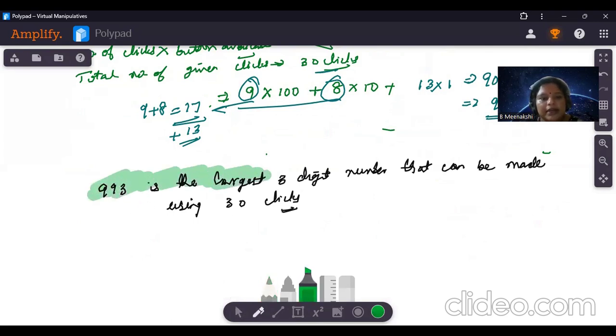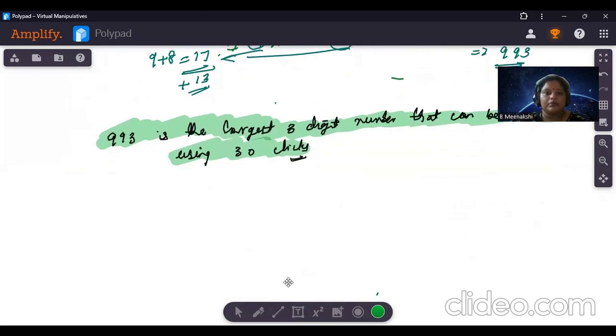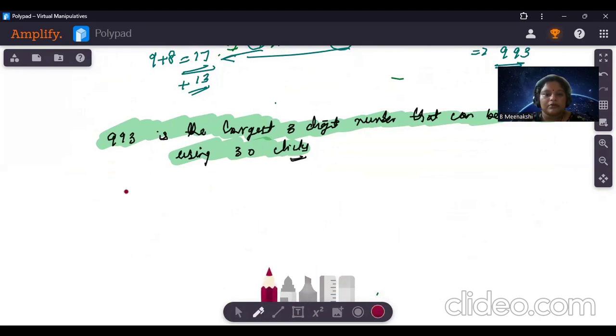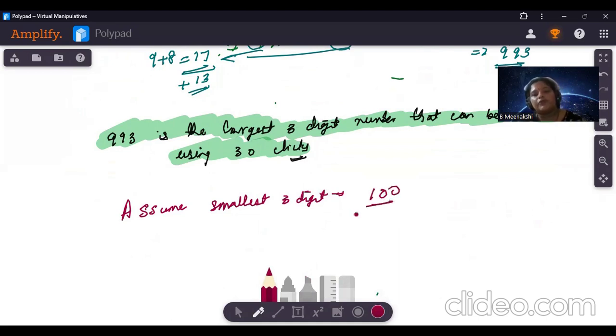So I'm highlighting this. So assume the smallest three-digit number. What is the smallest three-digit number? Yes, it is 100.